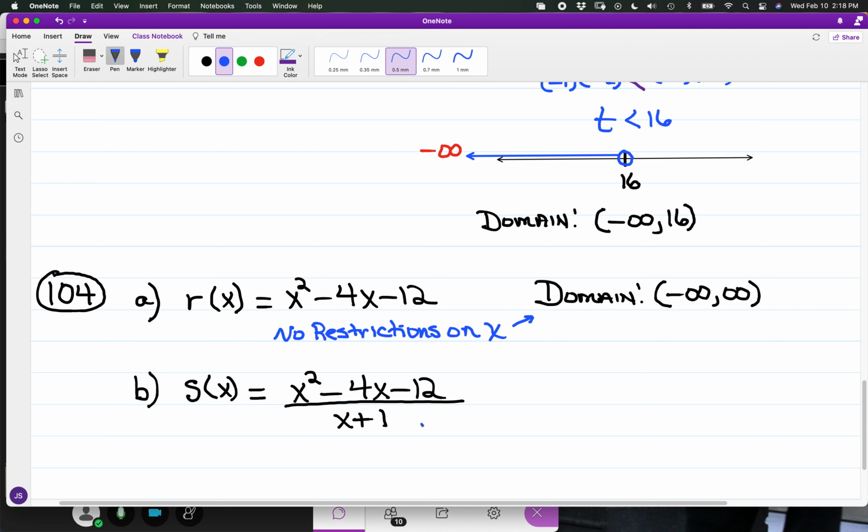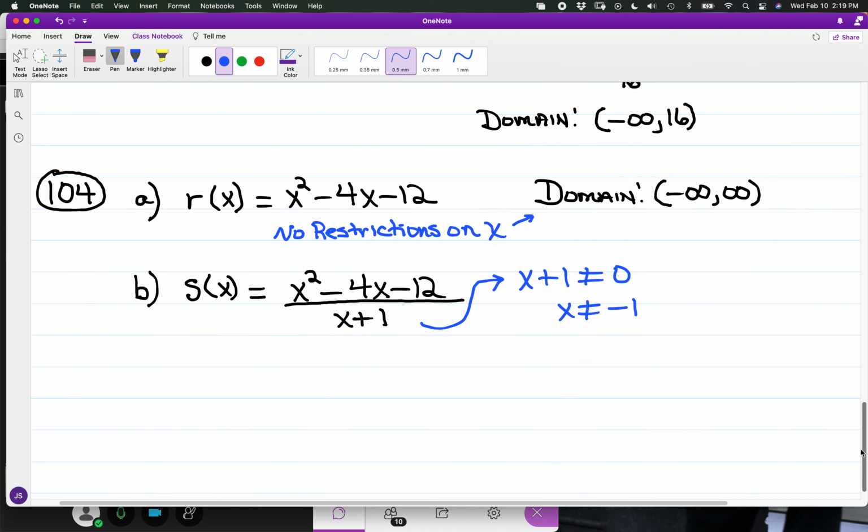For anything in the denominator of a fraction, for the fraction to be a defined value, whatever's at the bottom cannot be equal to 0. So the restriction comes from x plus 1, since that is in the denominator position, and if x plus 1 cannot be 0, we have that x cannot be equal to negative 1. So that is going to be the restriction.